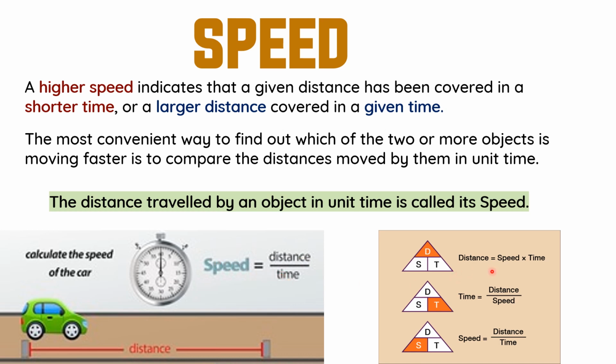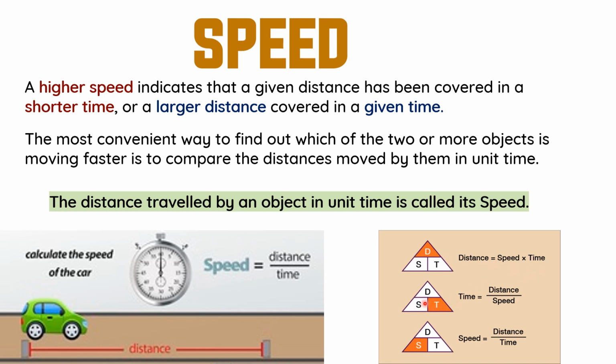With this triangle, it is very easy to find that. D for distance, T for time and S for speed. When you write like that, you will get distance very easily: speed into time.